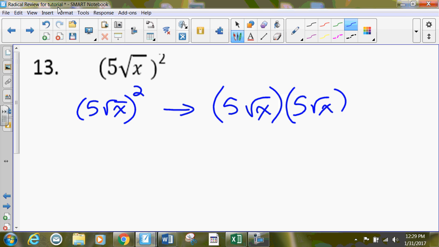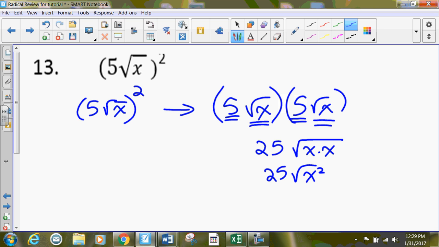It's just simply multiply the number times the number, which is 25, and the radical times the radical. Well, root x times root x is just x. And if you wonder why, I'll show you the long way again. Root x times root x, you can rewrite it like this. You can rewrite it like that. And see how the square root and the square cancel each other out? Yes, so it's 25x.